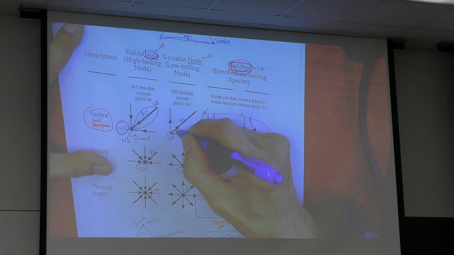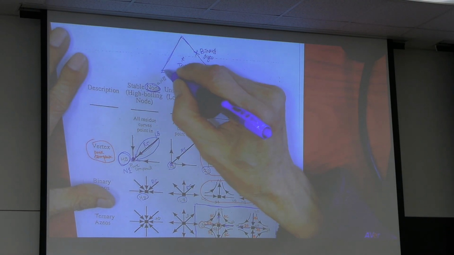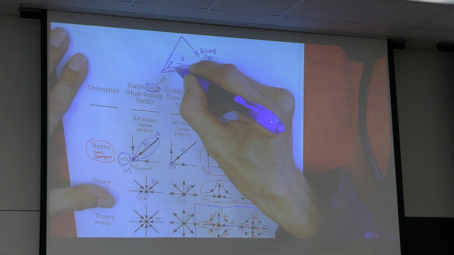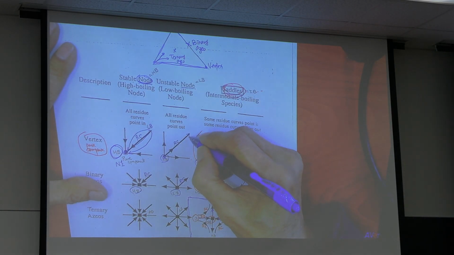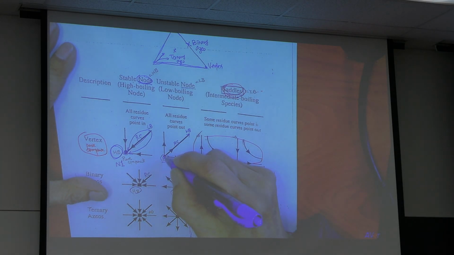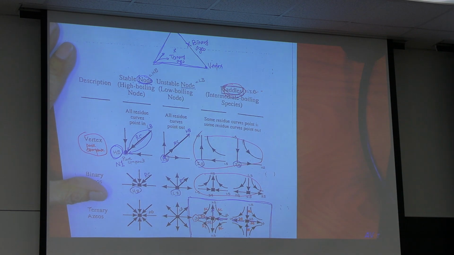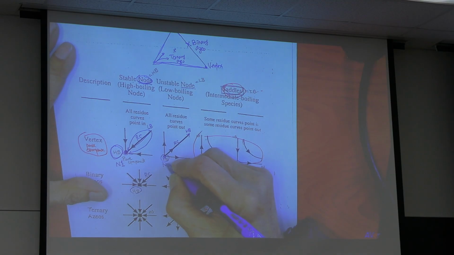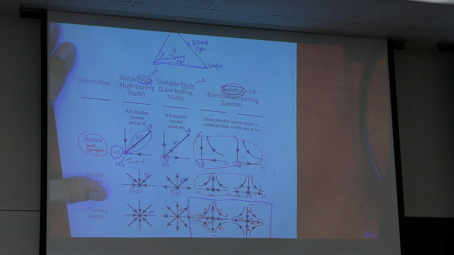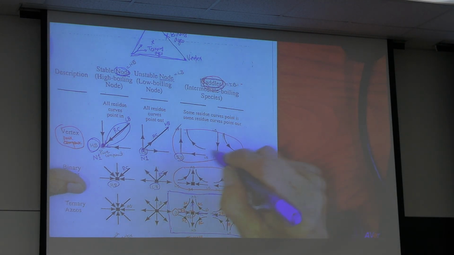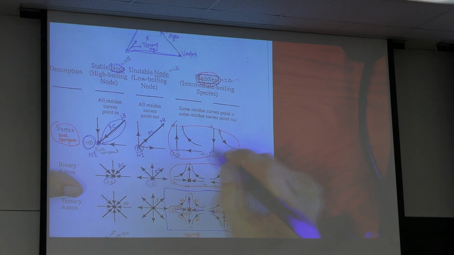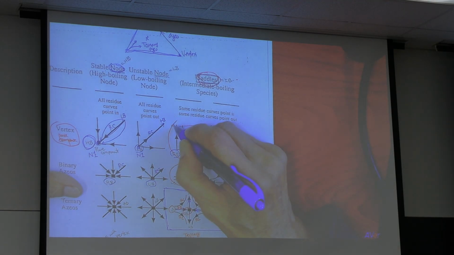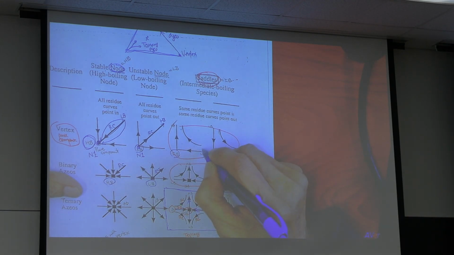Now, if you have low boiling component, this goes to high boiling component. This all goes out. This is also a node with 1 component. How about saddle? Low boiling, high boiling, intermediate boiling.